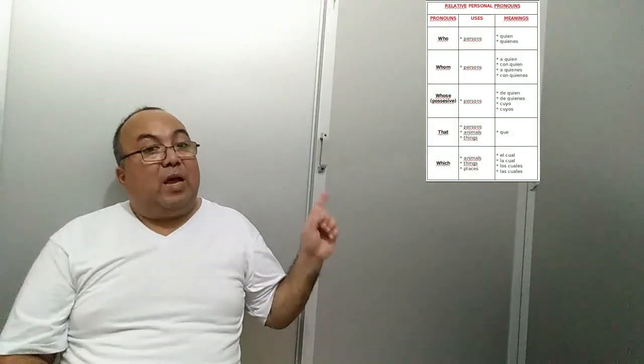Fourth, the relative clauses are... you can see here a table with all the relative clauses. So, in that table, we can see the pronoun, the use, and the meaning and the translation.